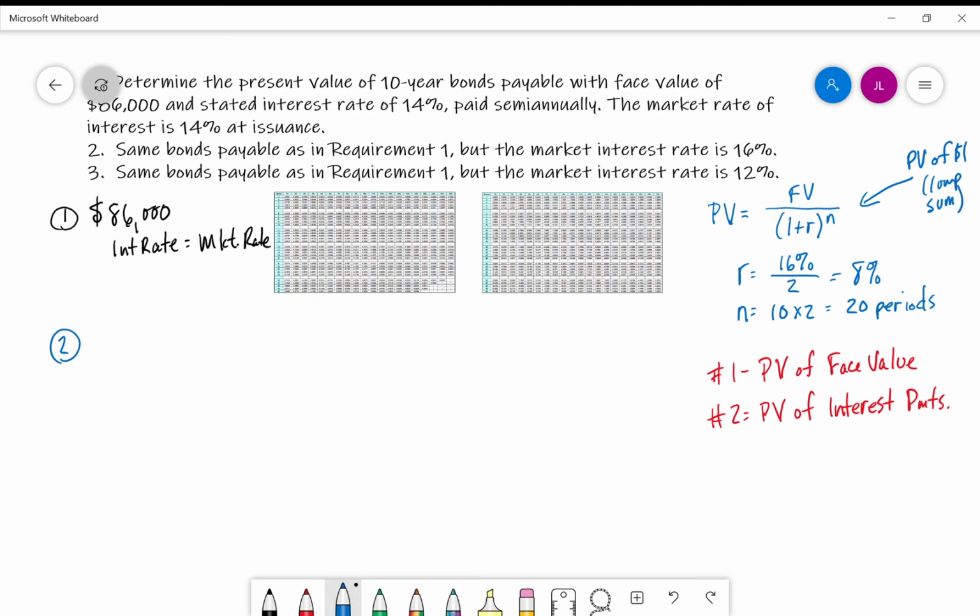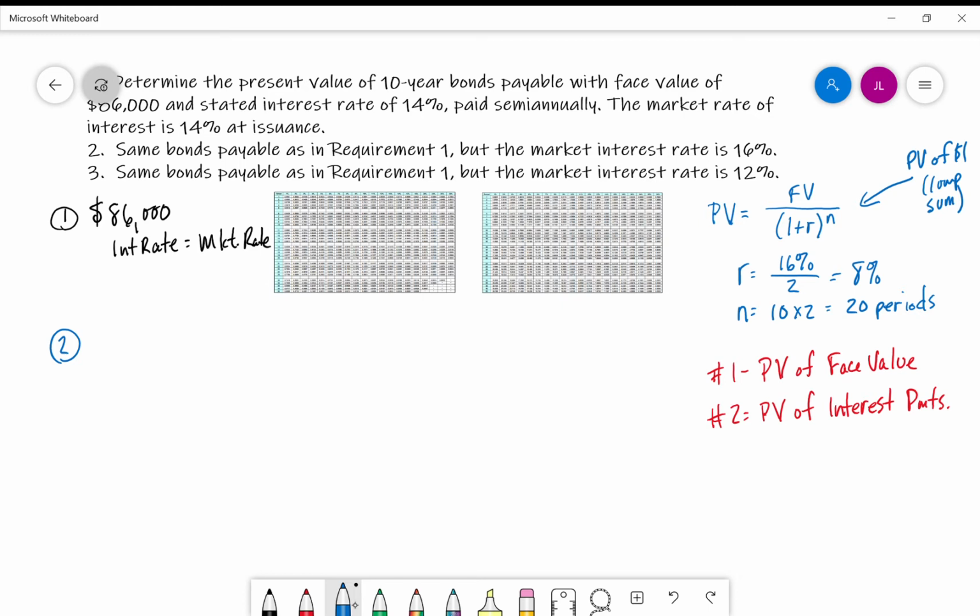Okay? So given this equation, we know the present value of this bond will be equal to the future value. In this case, we could also say the face value of the bond, because that's what we have to pay once this bond matures, divided by 1 plus the interest rate per period to the n periods power.